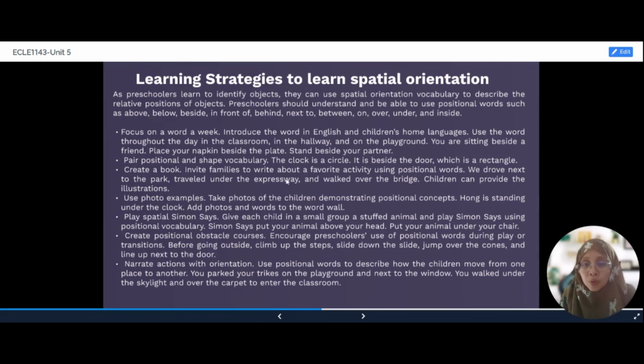Create a book. Invite families to write about a favorite activity using positional words. This is one of the activities that we can do so that they can play around with the words and the vocabulary, and at the same time they are learning by experience. Use photo examples. Definitely we can have a photo to show putting things under the table, or beside the cupboard.